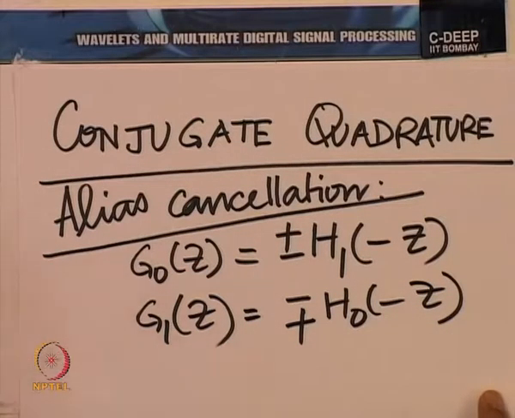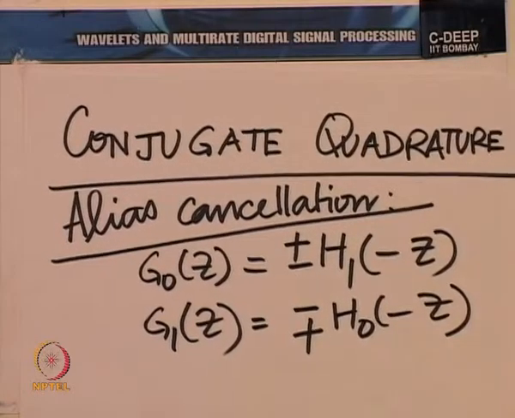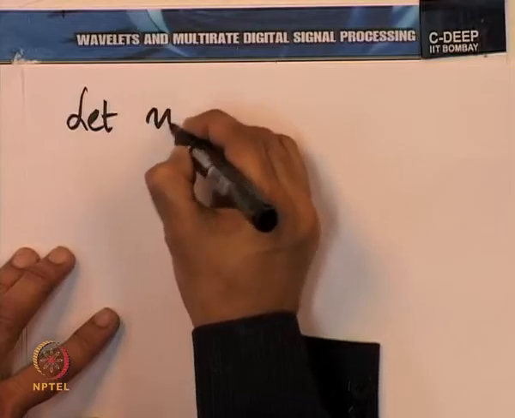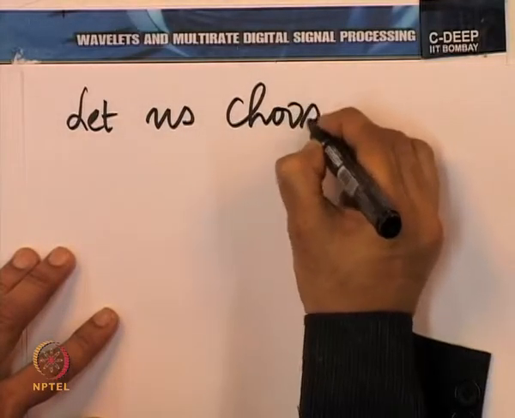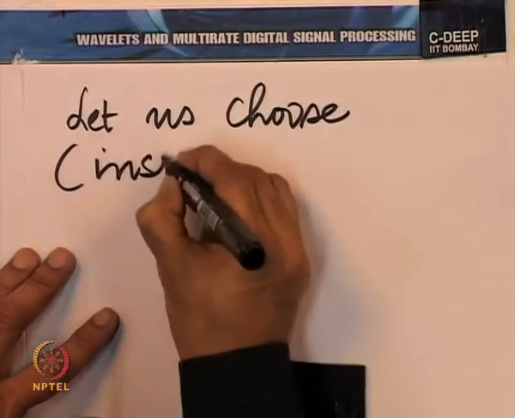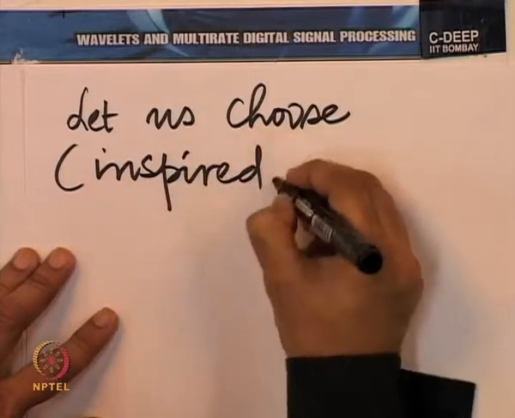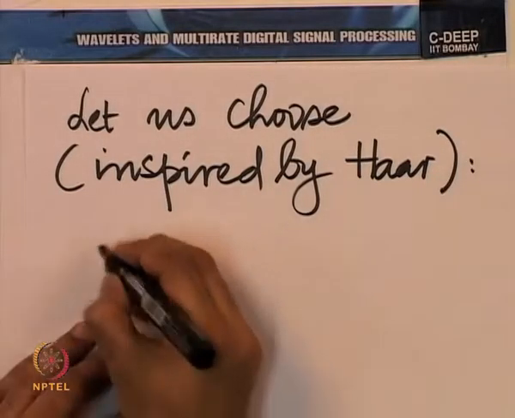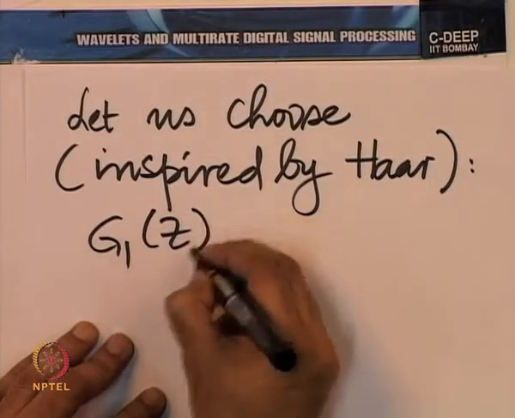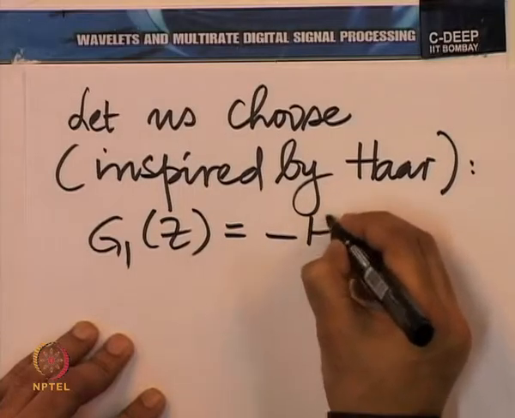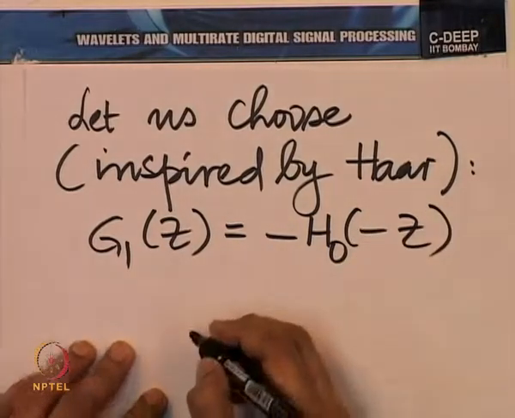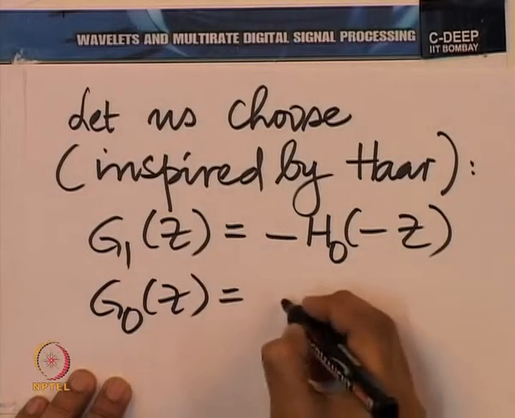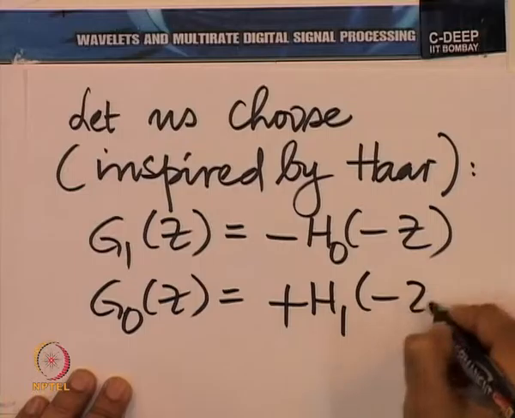Now, taking inspiration from the Haar, let us take the following choice. G1(z) is minus H0(-z), and therefore, G0(z) is then plus H1(-z).